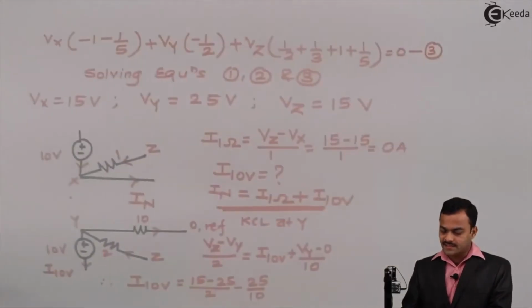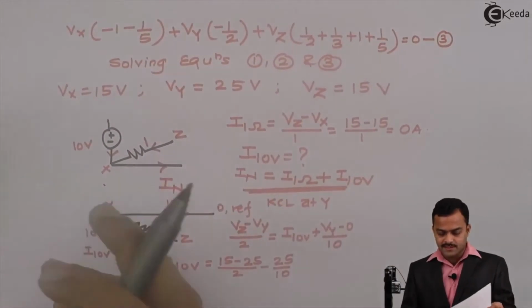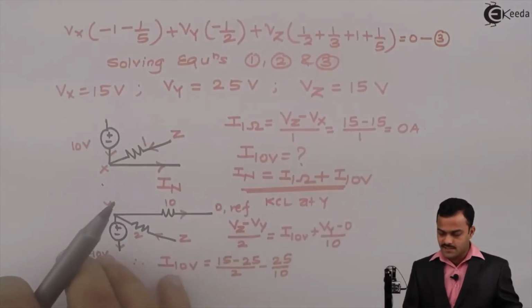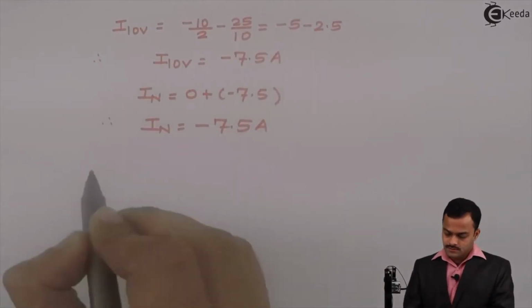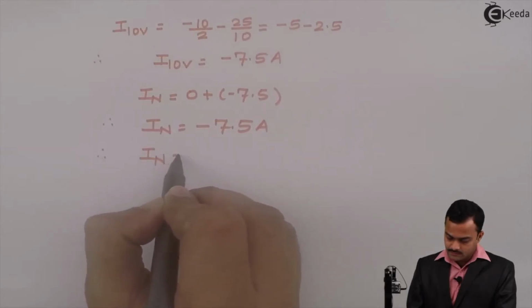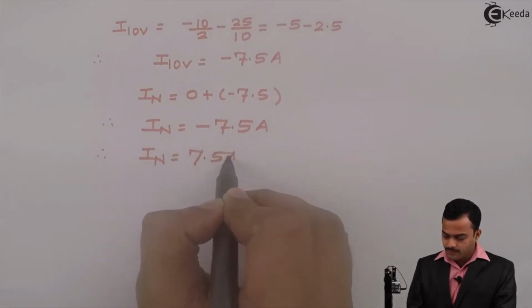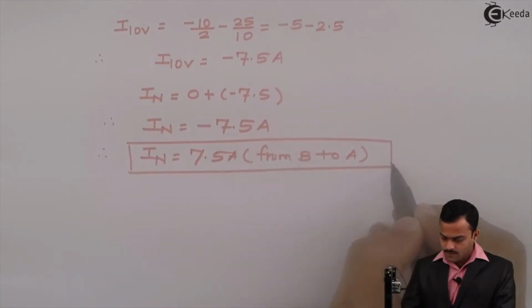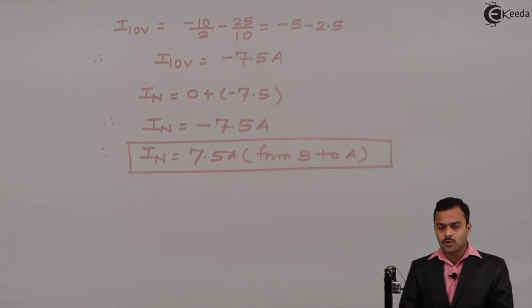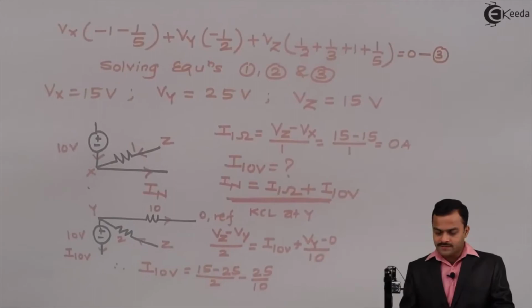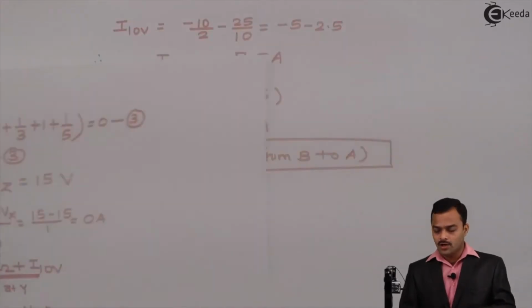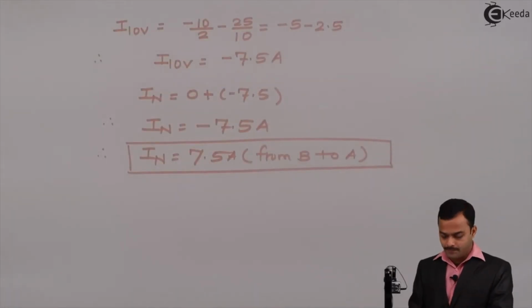I considered the direction like this, for the original circuit, A to B, and I am getting the answer IN as minus 7.5 ampere. So I need to change the direction. So it is 7.5 ampere from B to A. Here we have used nodal analysis and a lot of its concepts in order to solve the problem, where we got Norton's current as 7.5 ampere flowing from B point to A point.